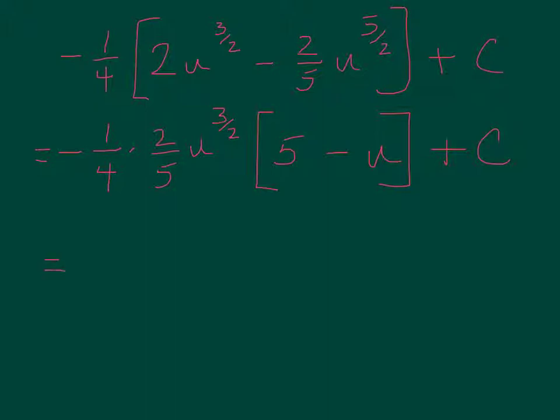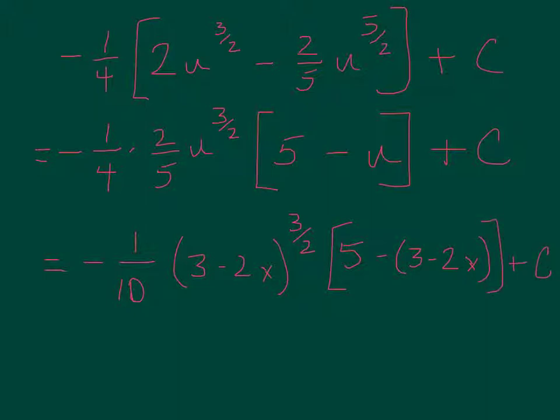So negative 1/4 times 2/5 will reduce down to a negative 1/10, and replacing u with 3 minus 2x, that was the original substitution, 3 minus 2x raised to 3/2 times 5 minus 3 minus 2x, and simplifying here, we will have negative 1/10, 3 minus 2x to the 3/2.